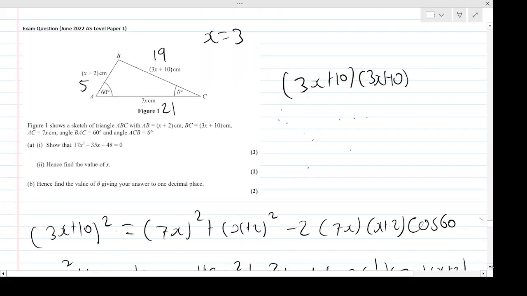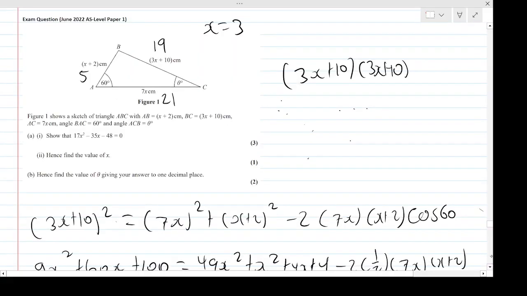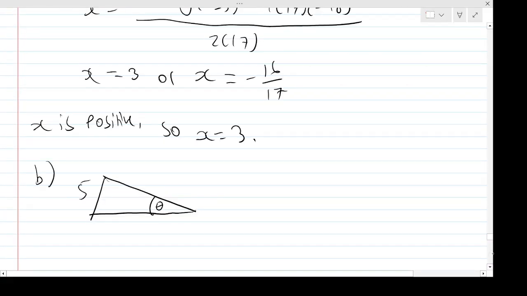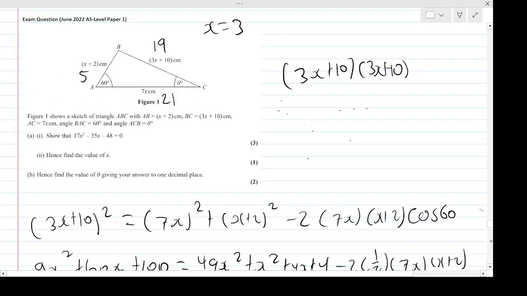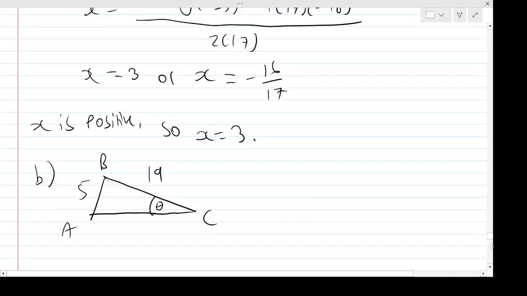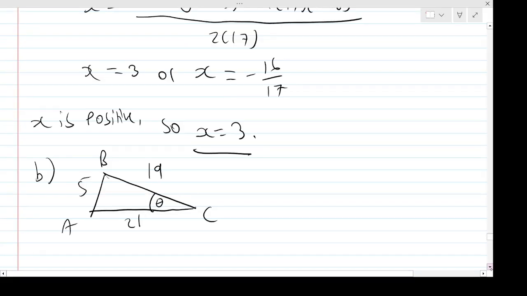So ABC, 5, 19, and the other side was 21, was it? Yes. Okay, so now that I've found x, right, x is 3, I can work out for definite the actual numbers of all 3 sides by subbing x in. So now I've got all 3 sides, and I need to find the angle theta. Well, that's just the cosine rule. Hopefully you can see that.